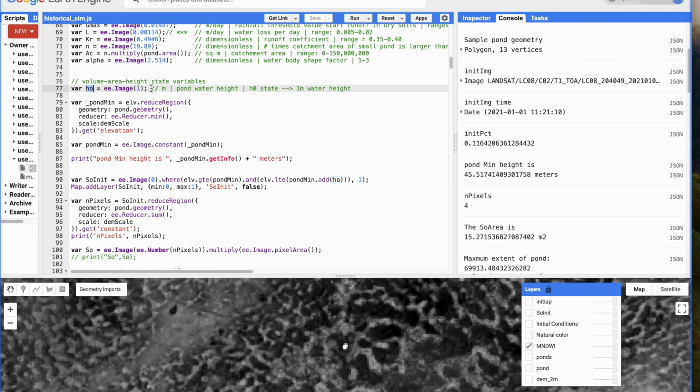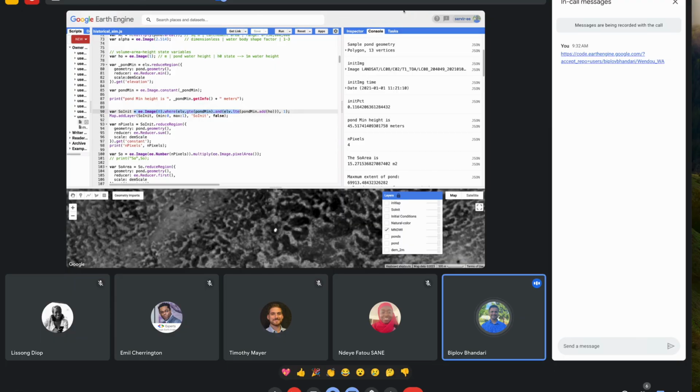Last time when we had a meeting with Kim, I remember her saying they're using 2 meters as the maximum water height. In this case, we're using 1 meter. Again, this boils down to doing different experiments and could also change with the pond. But in this line of code, sorry, does anyone have any questions here?